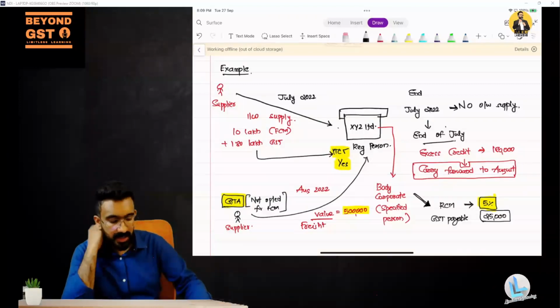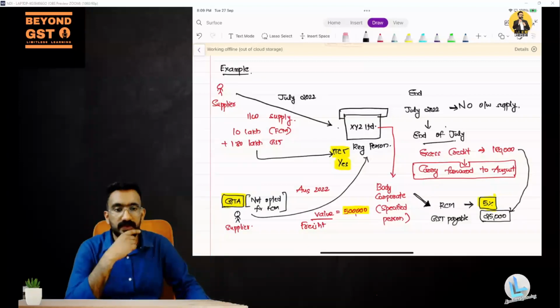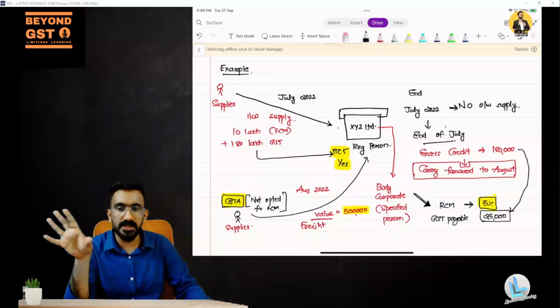I already have a credit of 1,80,000. Can I set off this 1,80,000 against this 25,000 payable in August? Assume there is no outward supply in August also.